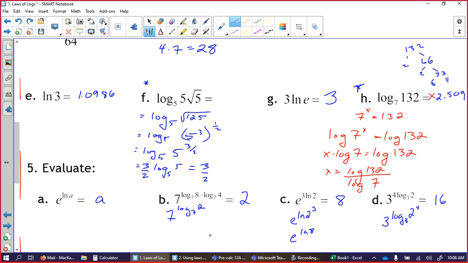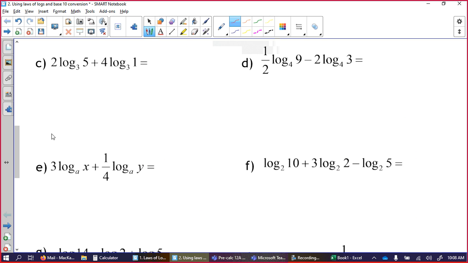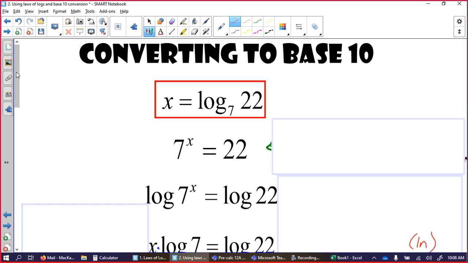And this is what I did. Would I expect you to show all of the steps? Not really. If you say log base 7 of 132 is x, and then went to the calculator, 132 log divided by 7 log equals 2.509. And that's how we got that answer. So that's kind of the trick to doing that conversion.